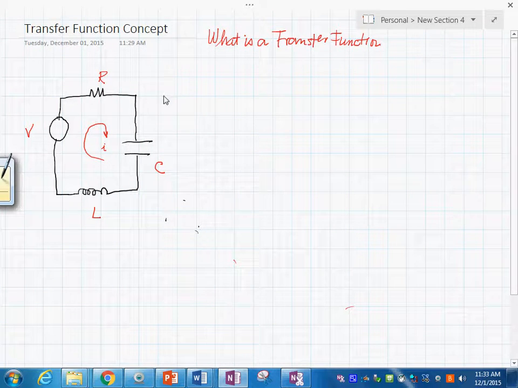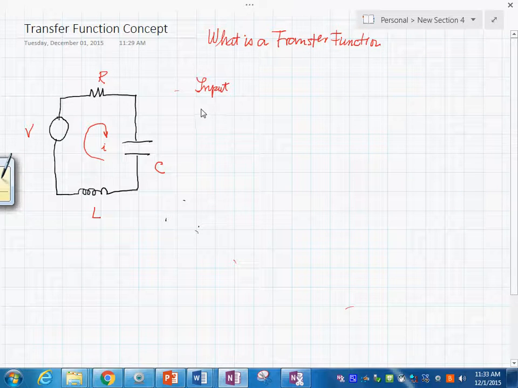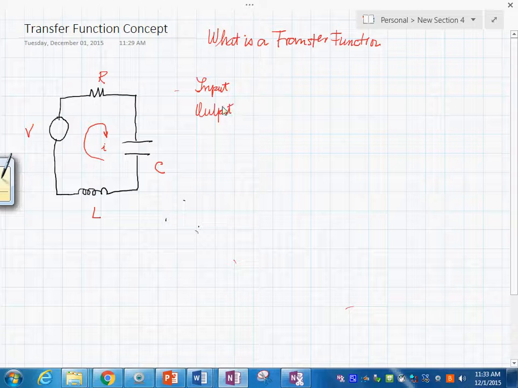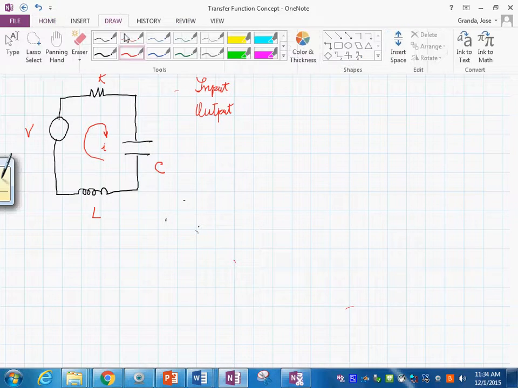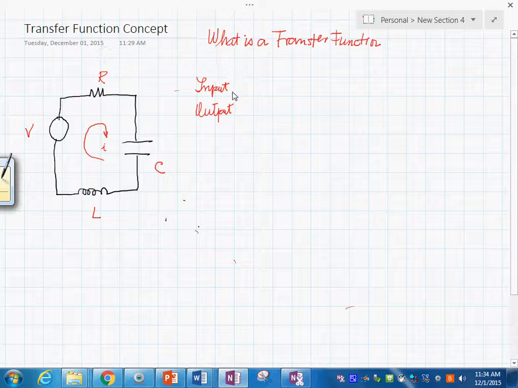Okay, so in here we're going to define the input, and then we're going to define what the output is. Let's change to another color here.